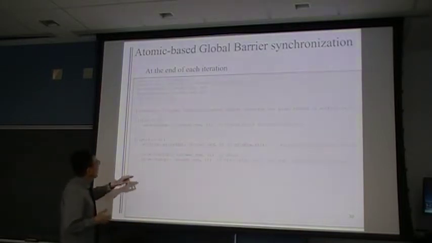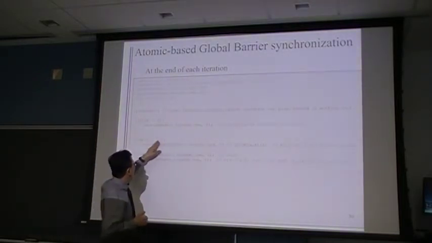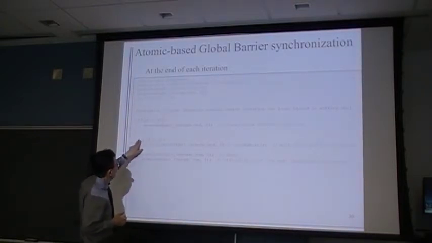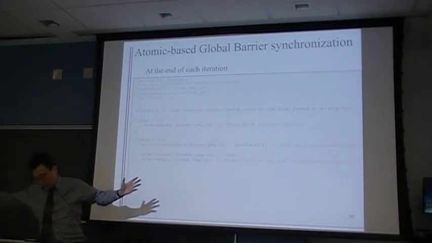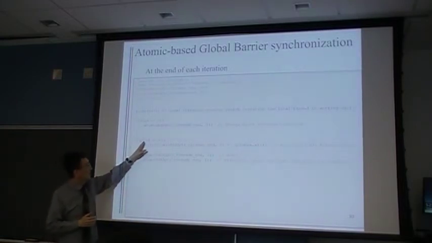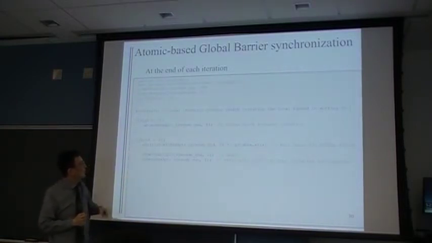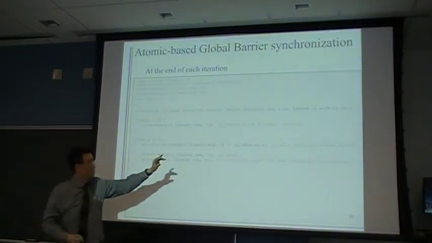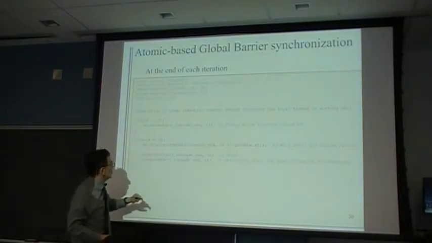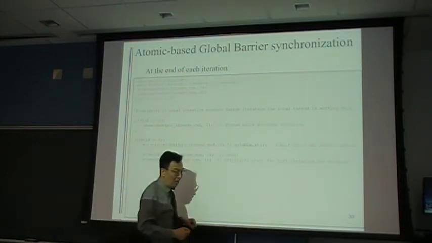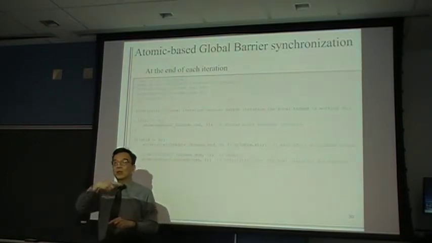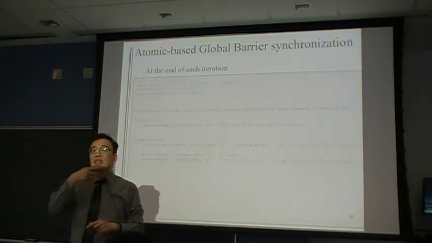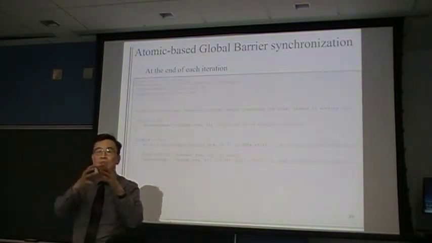And then after you increment this, there's a single thread in the entire grid, the true thread 0 in the entire grid. That thread 0 of the grid is going to come and say, I'm going to wait until I have enough thread blocks that all reported to the barrier.